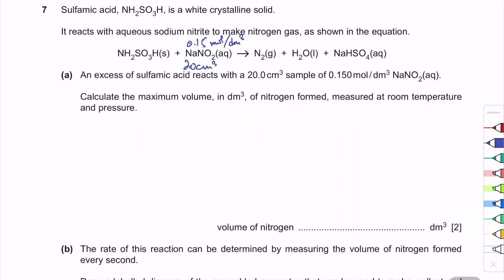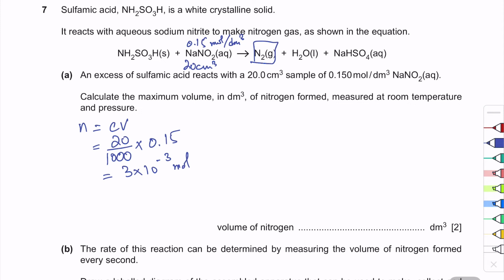Calculate the maximum volume of nitrogen formed. So we need to find the nitrogen information. Okay, so let's use the traditional method that we have. First of all, n equals c times v for the nitrite. So that is 20 over 1000, don't forget to divide by 1000 because this is in dm cube, needs to be converted, times 0.15. So the answer will come to 3 times 10 to the power minus 3. That's the moles of NaNO2 you have.